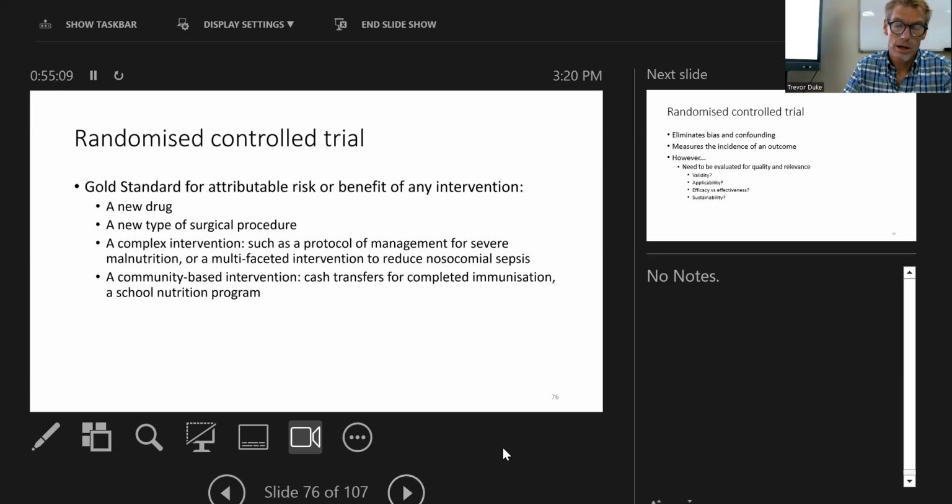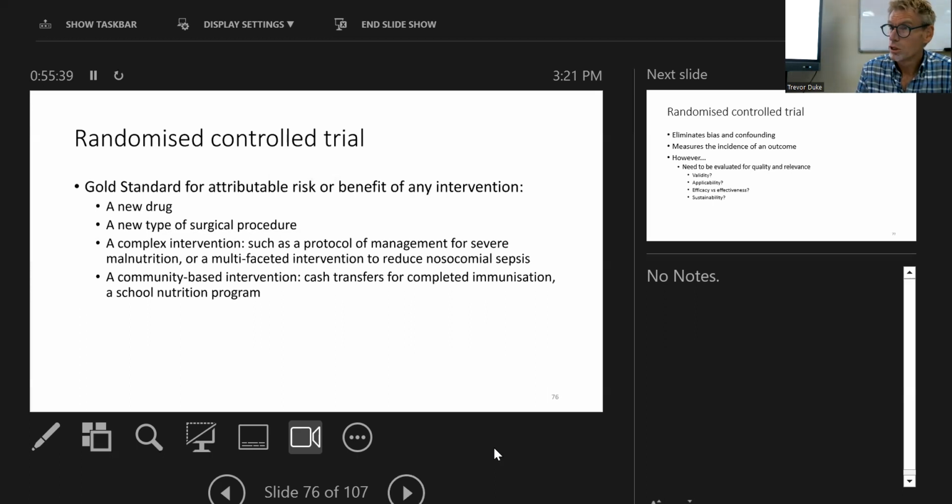I wanted to just briefly touch on randomized trials because we talked a bit about it, and randomized trials are the gold standard for attributing risk or benefit of any intervention. Case control studies and cohort studies can't really do that, but a randomized trial can. You can test a new intervention, a new drug, or a surgical procedure using a randomized trial.